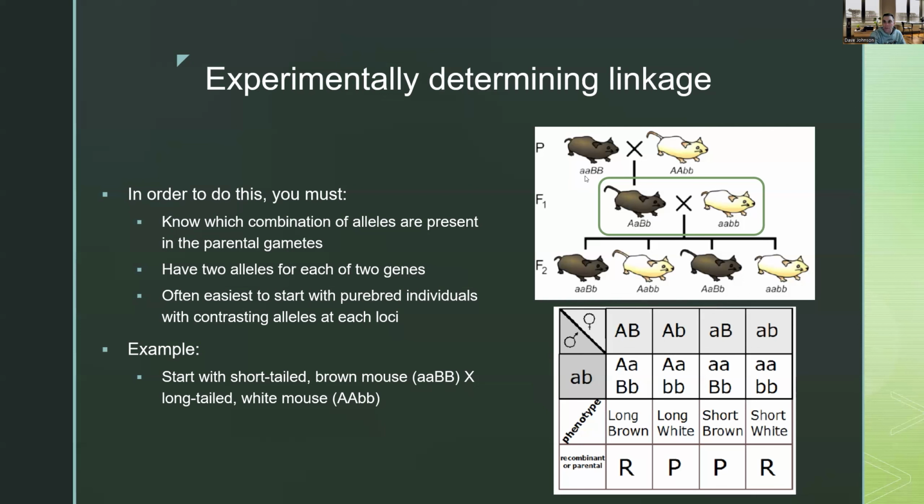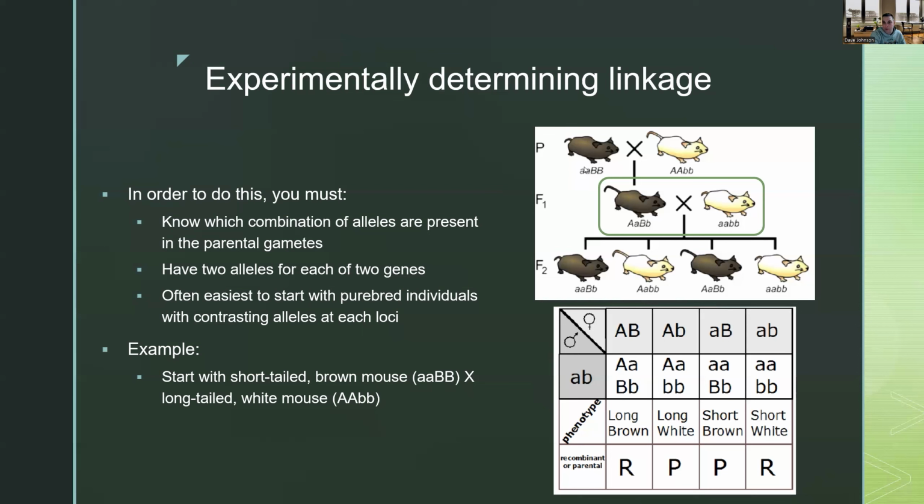So for example, here, the little a gives you the short tail, the recessive phenotype. The big B gives you the brown fur coat. And then it's the inverse over here, the white fur coat for the little b, and the dominant long tail, big A. So the other thing you want to do is make sure you know the genotypes of the parents. Okay, that is very, very important. And what you want to do is have contrasting alleles.